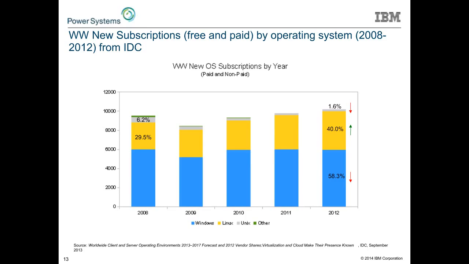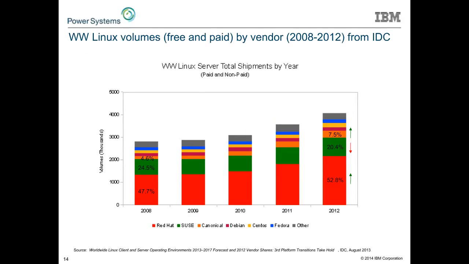Now let's dive into the Linux numbers a little bit more. When one starts to look at which Linux vendor, one way to think about it is who has the most market share. So if we go back, slightly different IDC report, but we look at the Linux volumes, free and paid, both sets, over that same time frame of 2008 to 2012, we see that the overall Linux set of volumes has grown over that period.